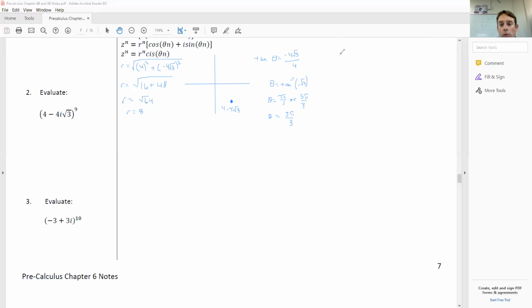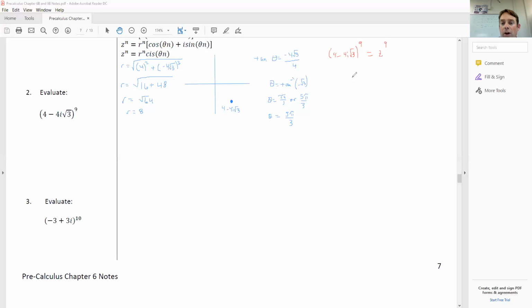So what we're looking at here then is if I'm dealing with 4 minus 4i root 3 to the 9th power, what I'm really looking at here is this idea of z to the 9th power.